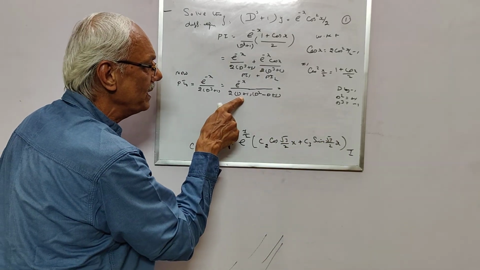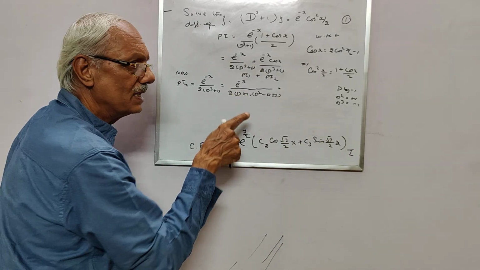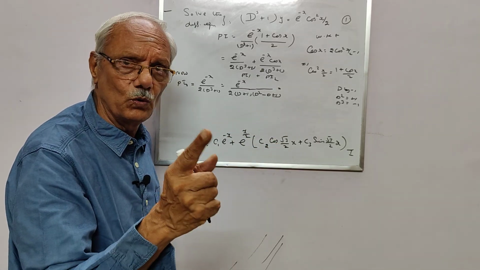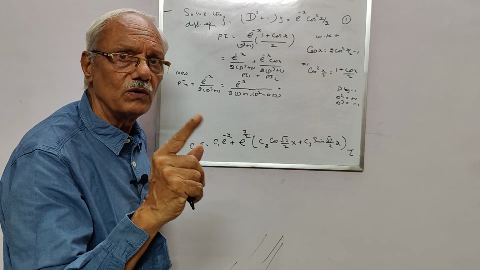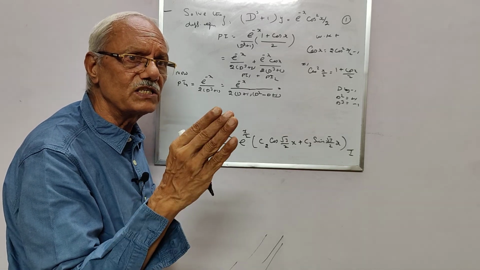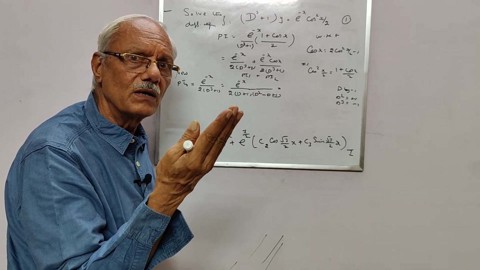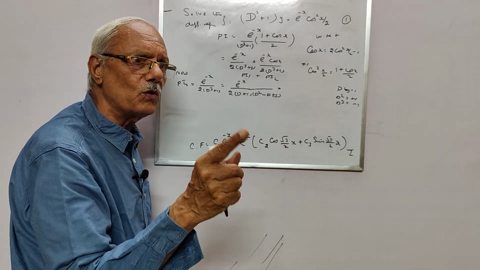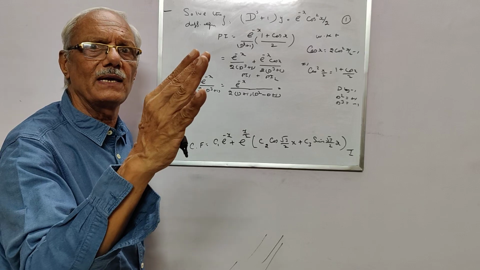Now if you replace D by minus 1 in D plus 1, it becomes 0. But it should not become 0. You cannot get it as 0, in which case we will maneuver it in a different way. But wherever it does not become 0, you apply that rule.